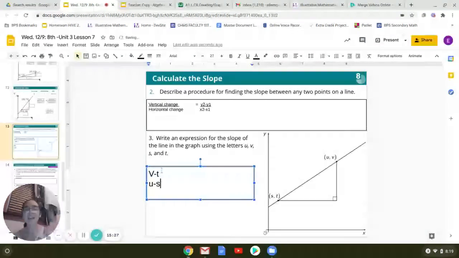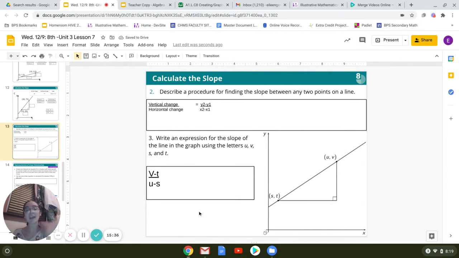Remember, we write that as a fraction by highlighting the v minus t and hitting the underline button. So we're talking about y2 minus y1 over x2 minus x1: the y value in the second coordinate minus the y value in the first, divided by the x value in the second coordinate minus the x value in the first.